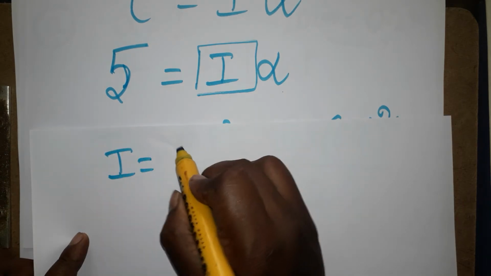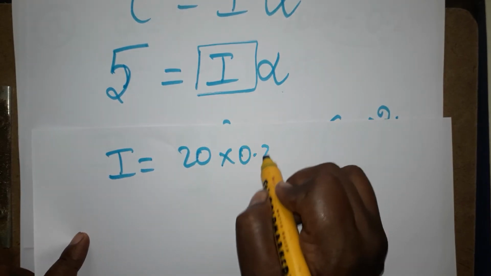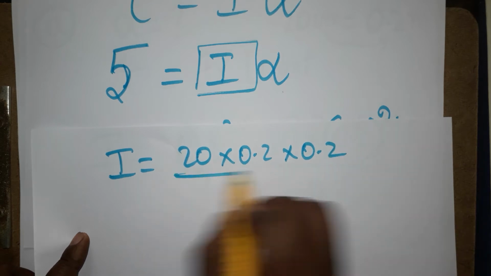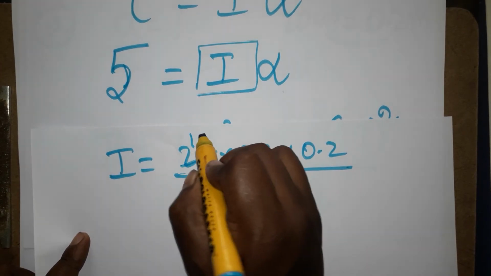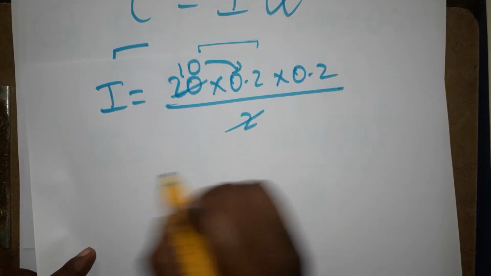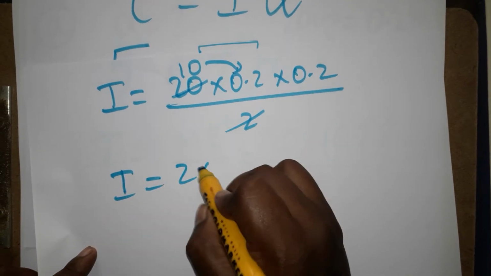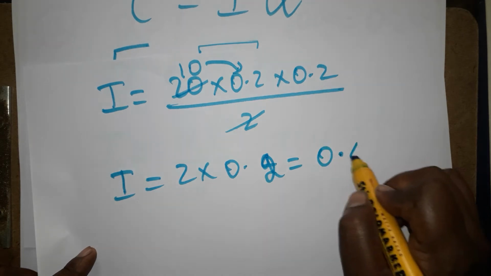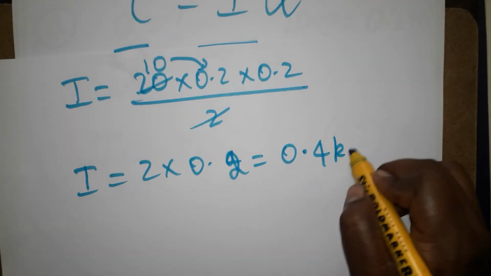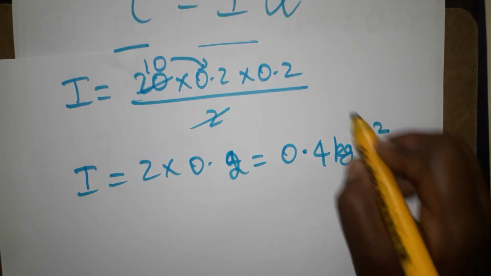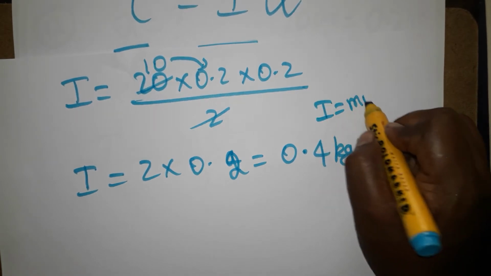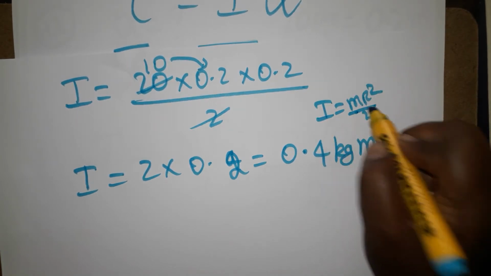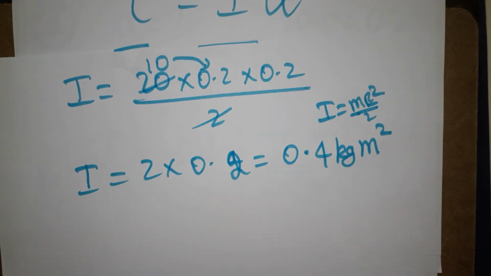Inertia is equal to 20 into 0.2 into 0.2 divided by 2. If you cancel 10, 10 into 0.2 gives 2, and 2 into 0.2 gives 0.4. The inertia unit is kg meter square, because inertia is mr square by 2: m is in kg and r is in meter, so r square gives meter square.